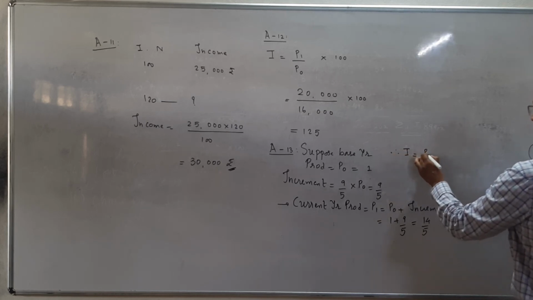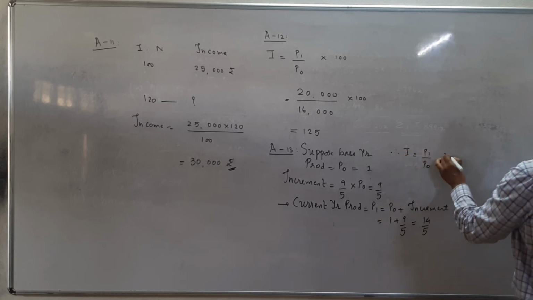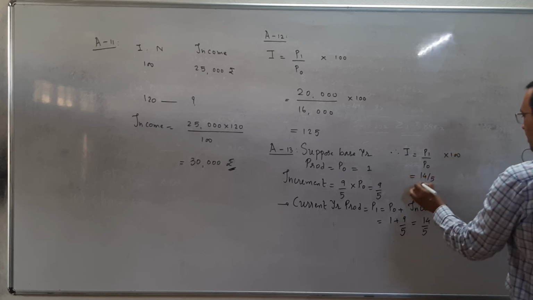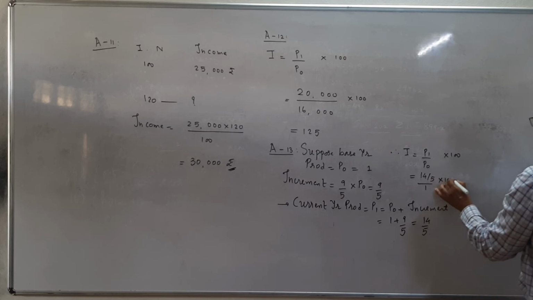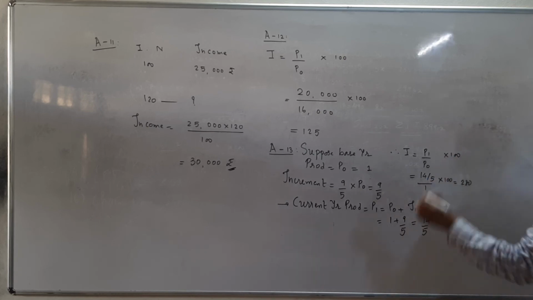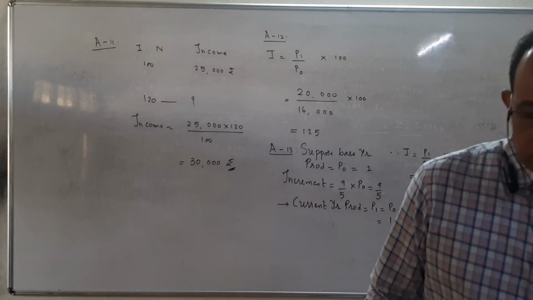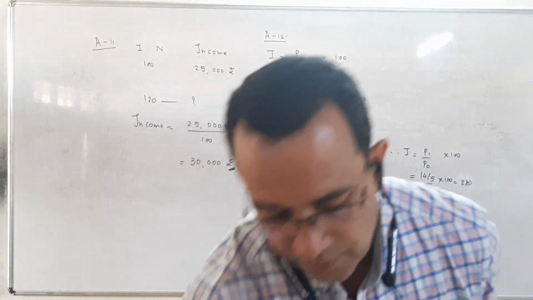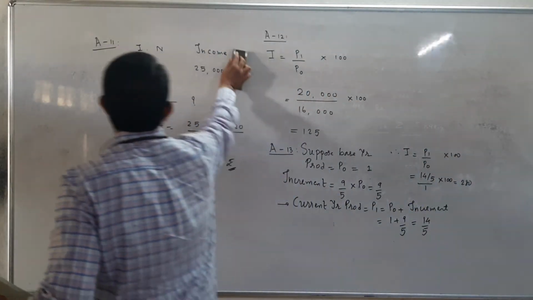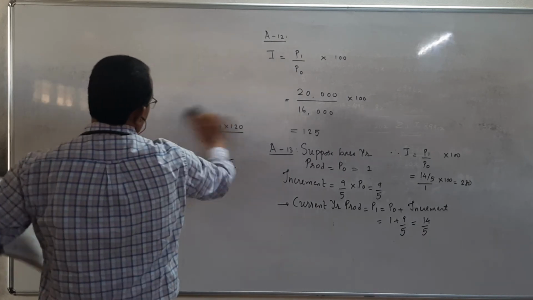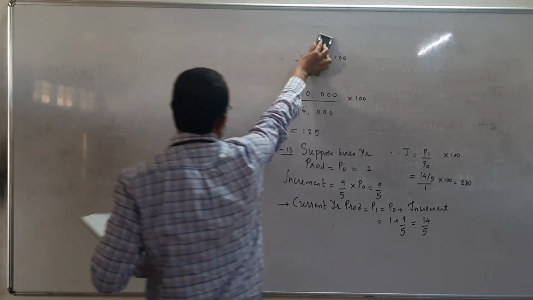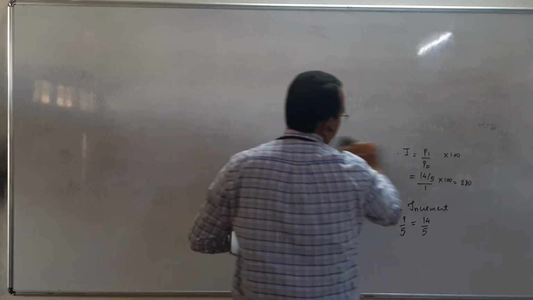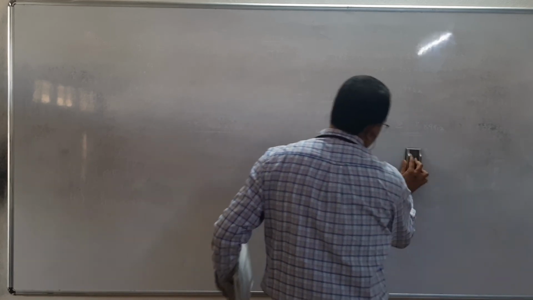Therefore, index number will be P1 upon P0 into 100, 14 by 5 upon 1 into 100. So the answer is 280. This is what, students, we have to remember. Question 13 is also a very important sum.